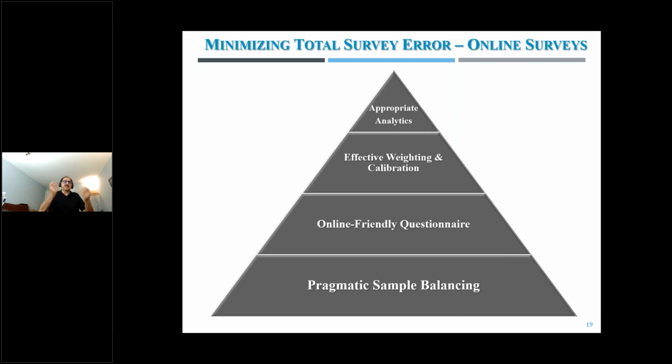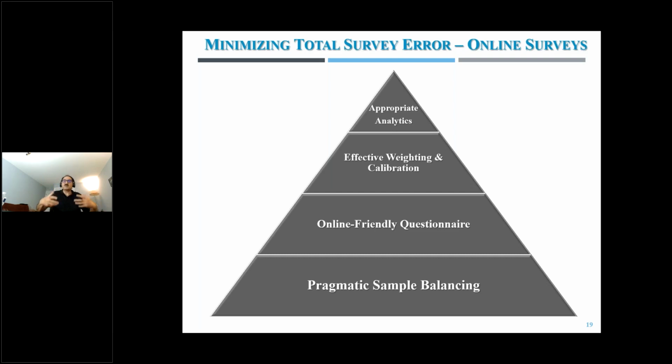So this is a simple schematic that shows how we can go about minimizing the total survey error, that big picture we mentioned at the beginning. You want to make sure that your non-probability samples are selected based on some pragmatic sampling, and I will explain what I mean by that. We need to have online friendly questionnaires.